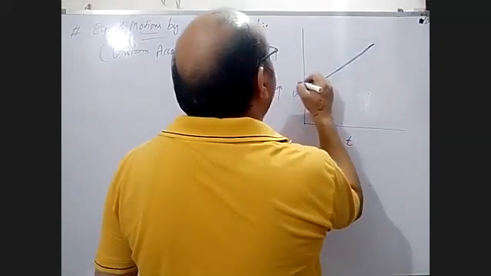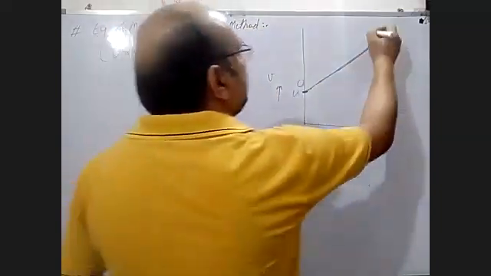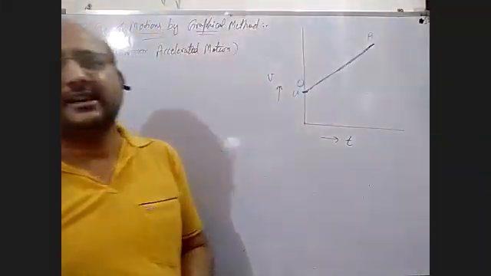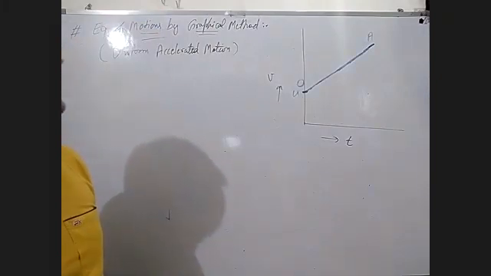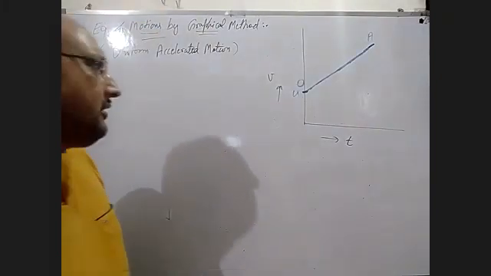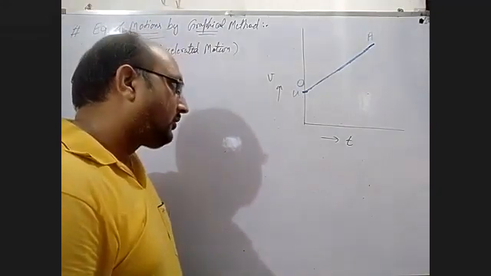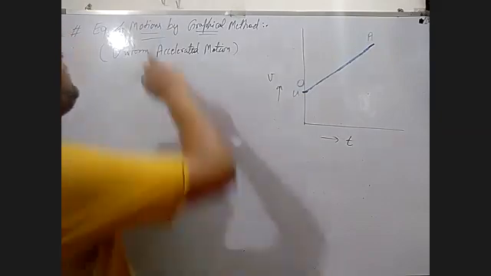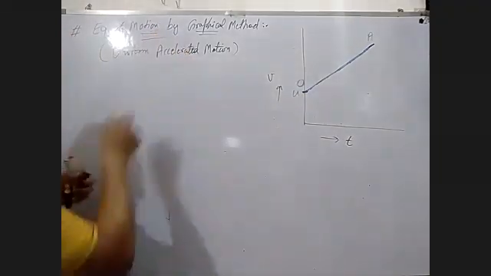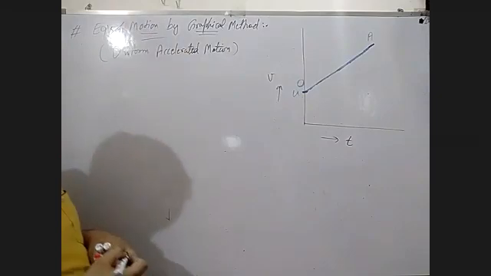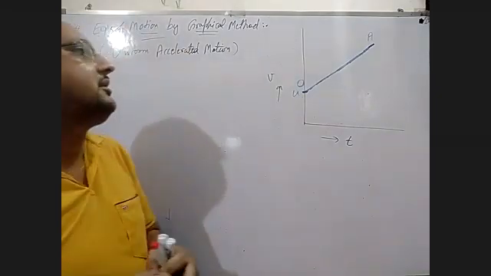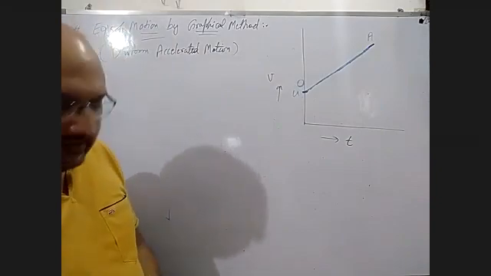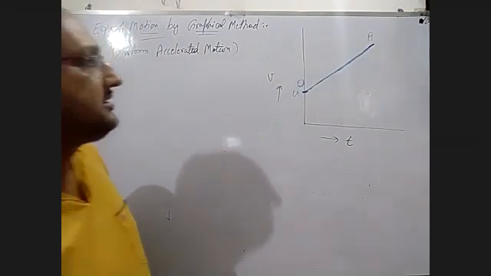Suppose this point is O and this point is A. When an object is moving with uniform acceleration, a straight inclined line graph will be there. Now, derive the equations of motion. There are three equations in this.